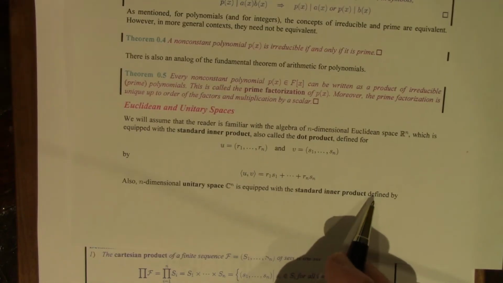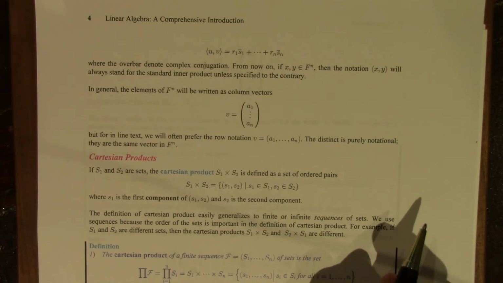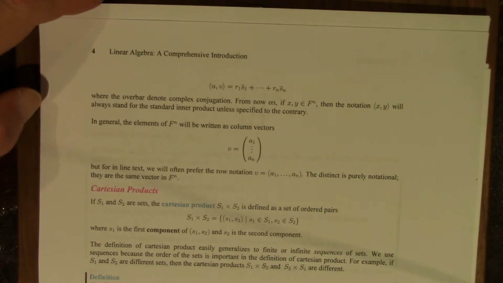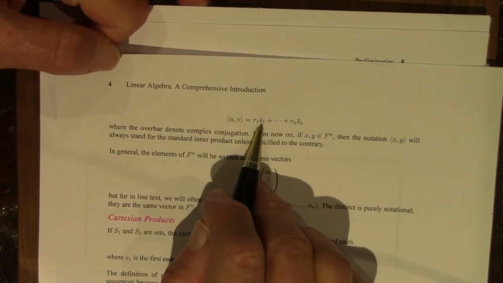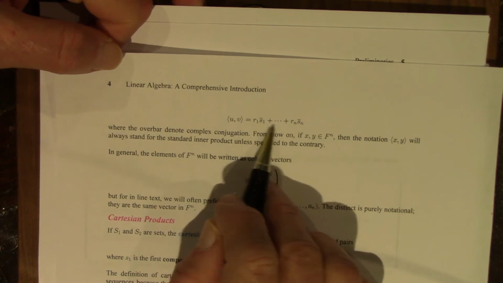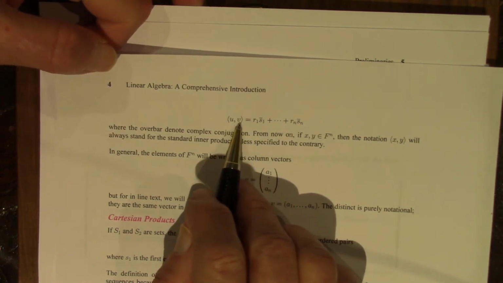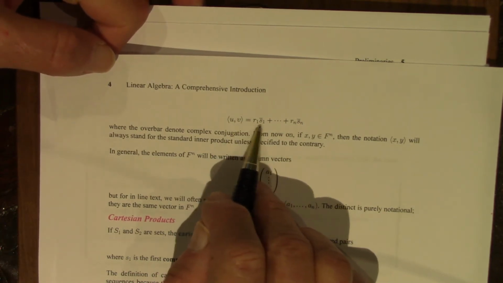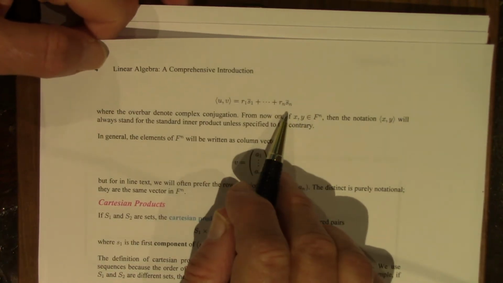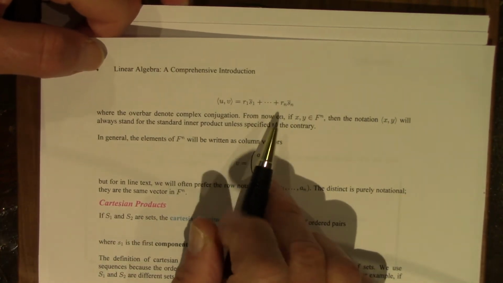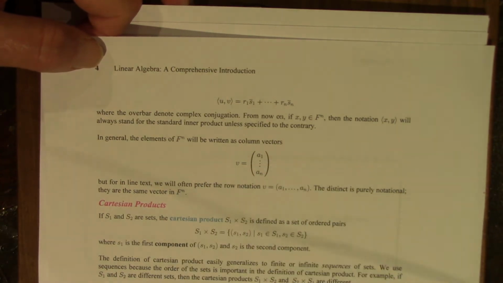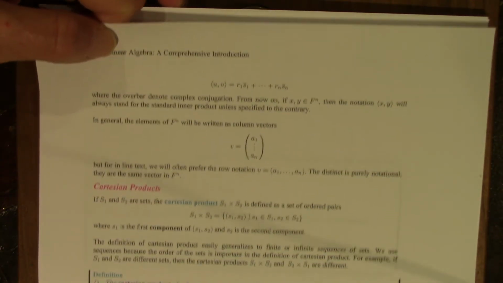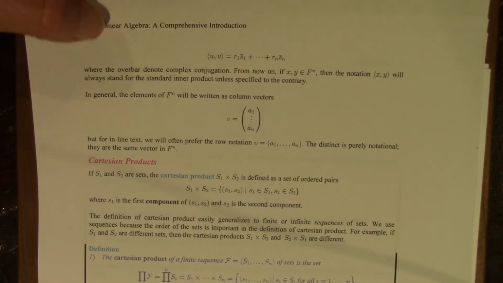And there's also a standard inner product, and it looks very similar to the one for Euclidean space, but you must put complex conjugates on the second components, the components of the second vector. Otherwise you don't get the nice properties that you want of an inner product. And all that we'll discuss when we discuss inner product spaces. It's the second part of this course.